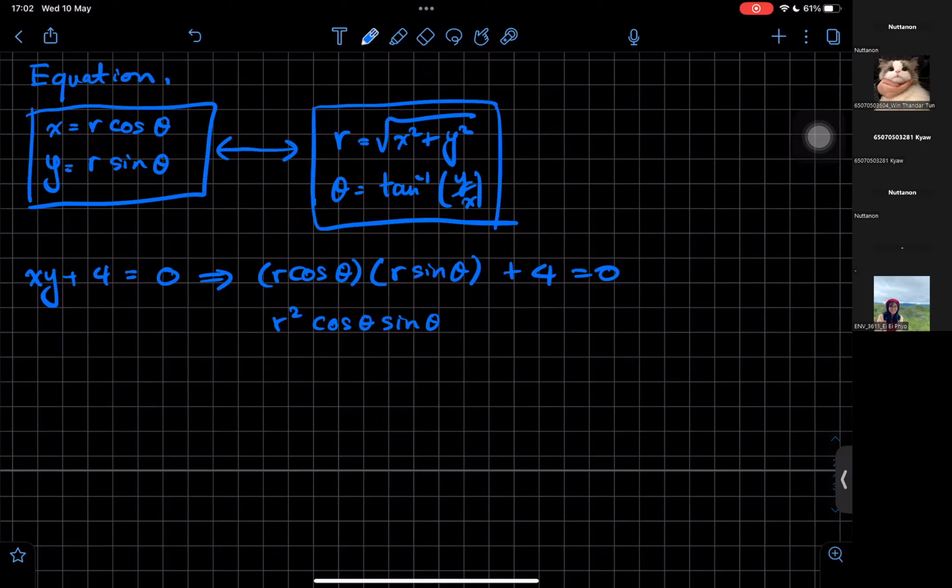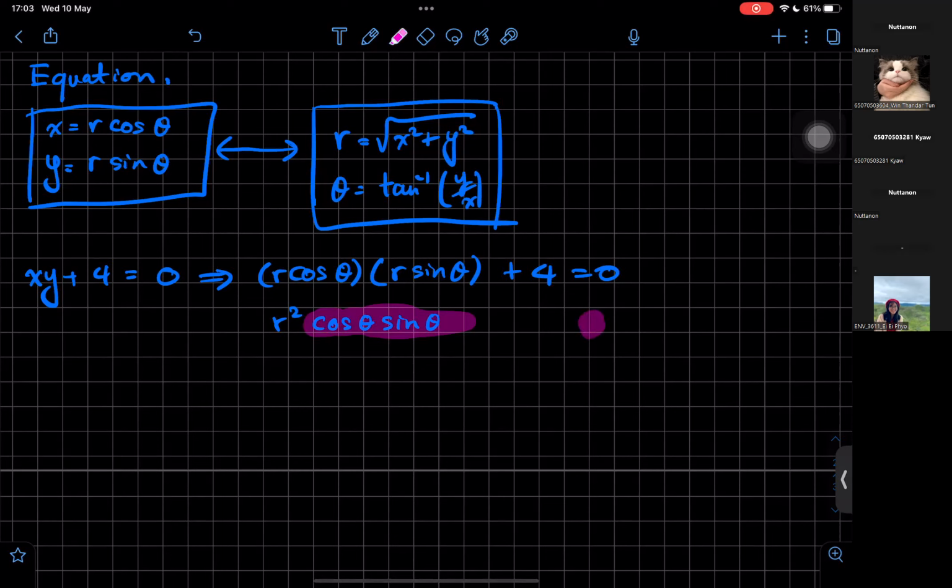If you know the properties of trigonometric functions, you can see that you almost have it already.